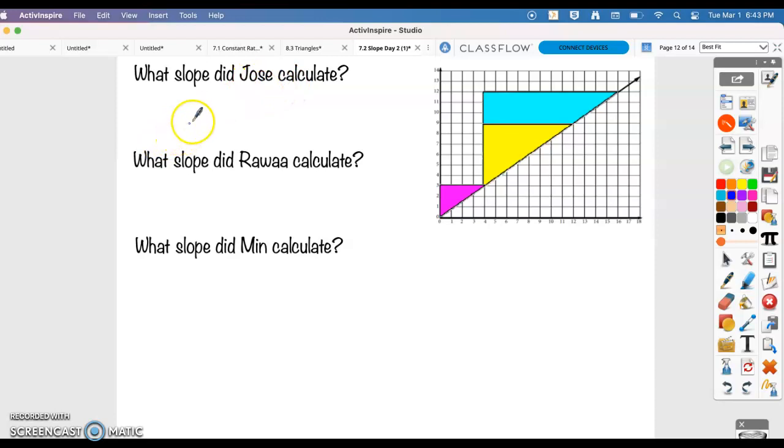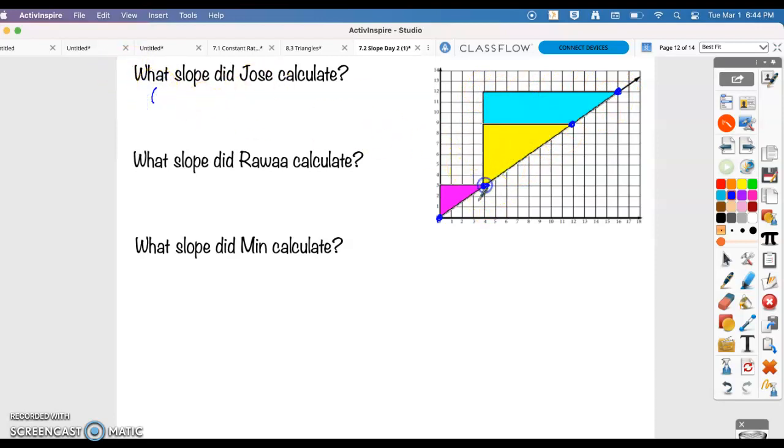Okay, what slope did Jose calculate? So if I think about this right here, these all make perfect little points. And so go ahead and draw those on your graph. If I look at Jose's graph, Jose is this big giant blue one. The yellow one, Rawa, is covering it, but Jose's is this big giant one. So we want to write the ordered pair for Jose's graph.